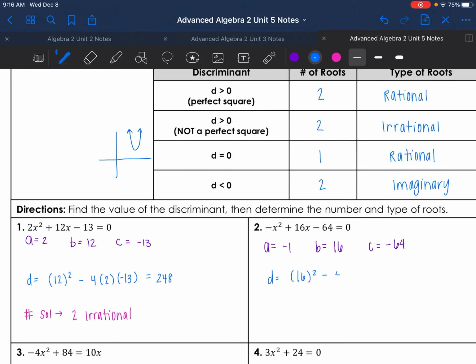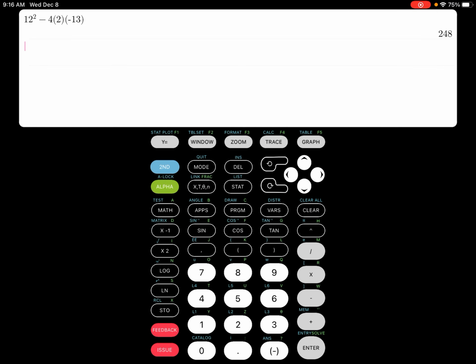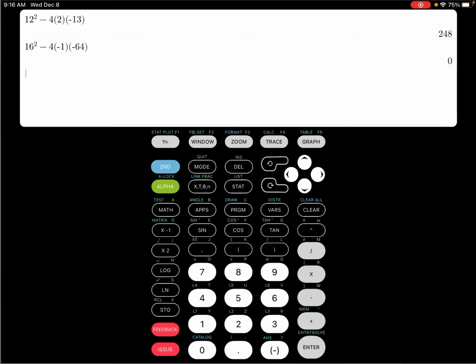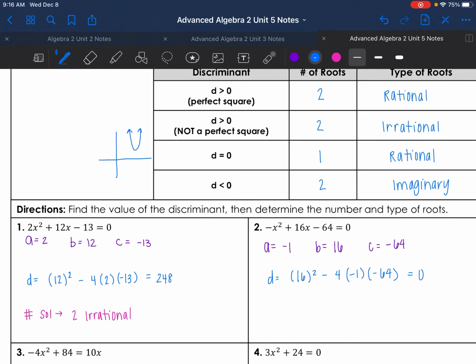So 16 squared minus 4 times my A, which is negative 1, times C, which is negative 64. Okay, so we have 16 squared minus 4 times negative 1 times negative 64. That is 0.